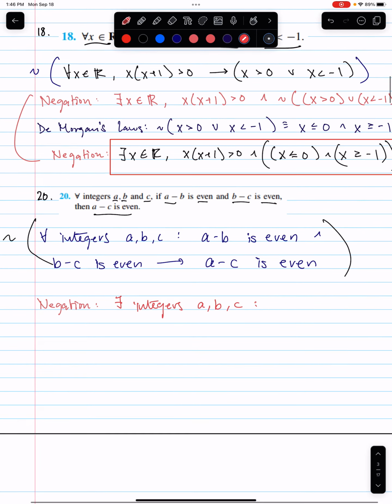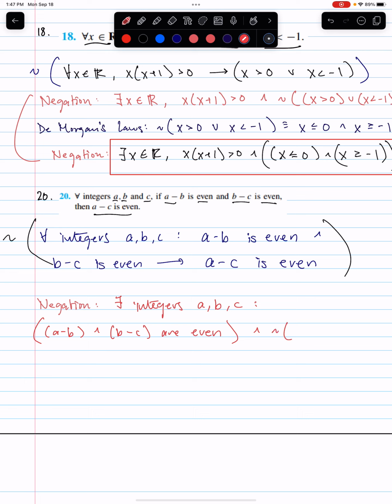So we'll have p, which is a minus b and b minus c are even, and not q, which is a minus c is even. So this is q, and we're just doing not q right here.